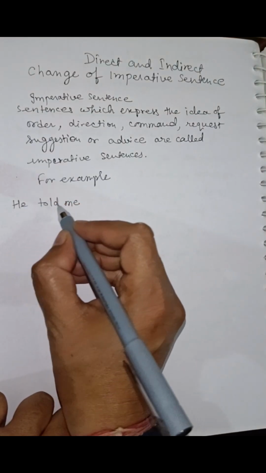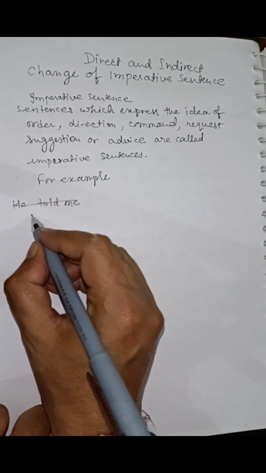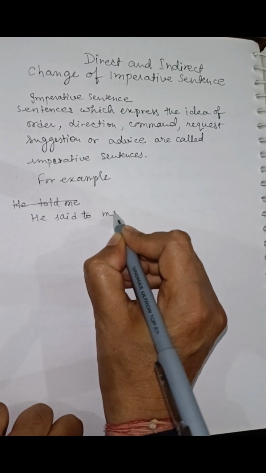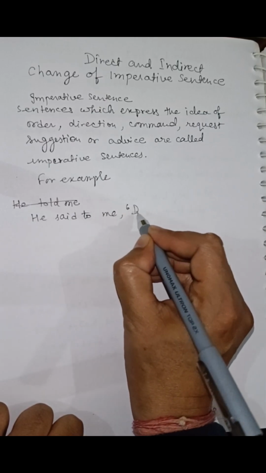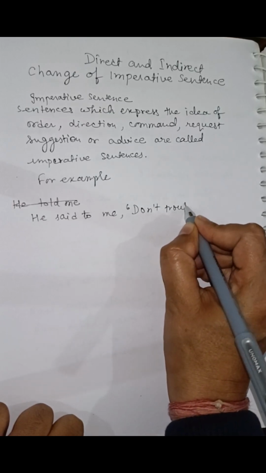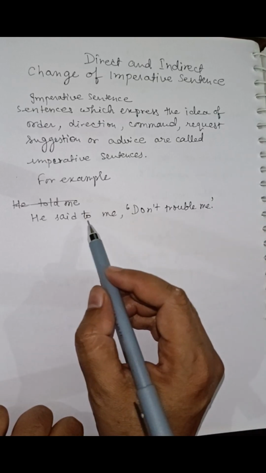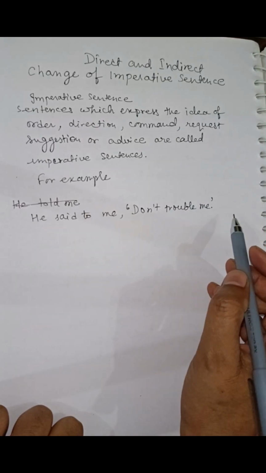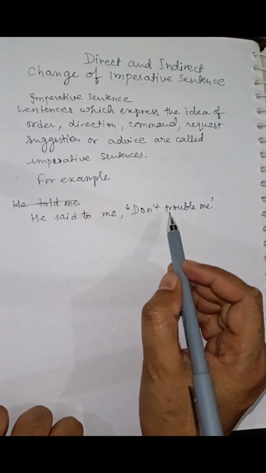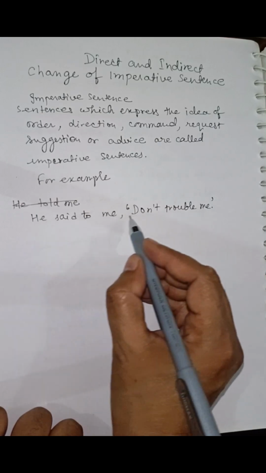So here I should write, he said to me, don't trouble me. This is an example of a direct speech containing an imperative sentence.